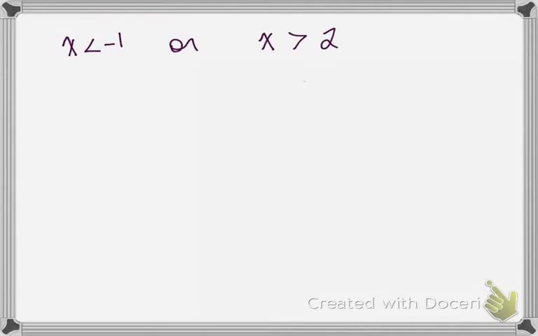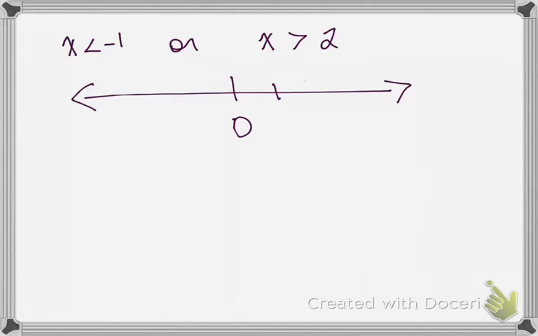Okay, here we go. So we have done one similar to this. But I like to practice writing in interval notation, and that's what's super helpful here. So I am going to do both of these on the same number line. I'm graphing both of these on the same number line. Okay? So my first one is I have x is less than negative 1.